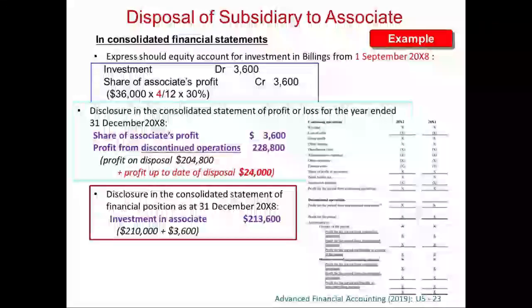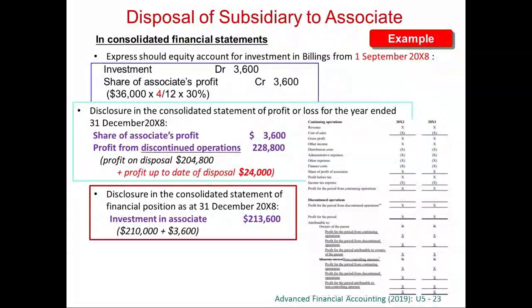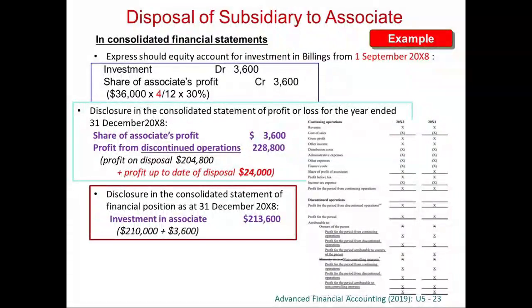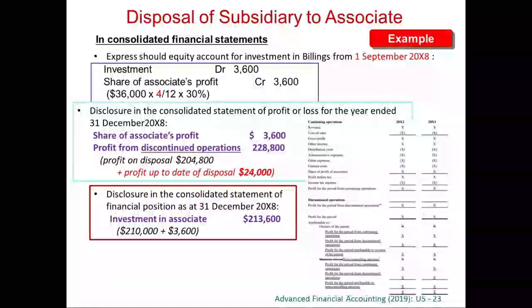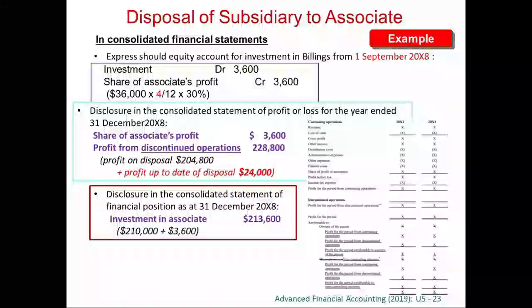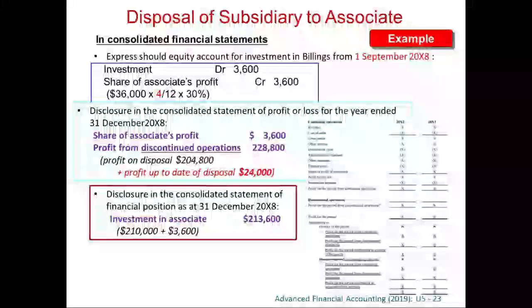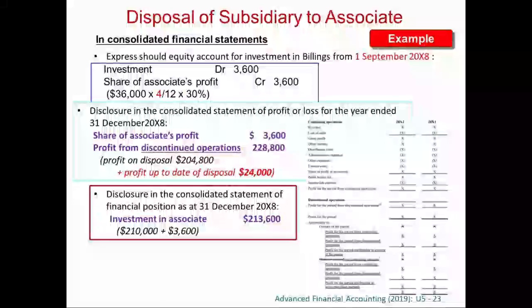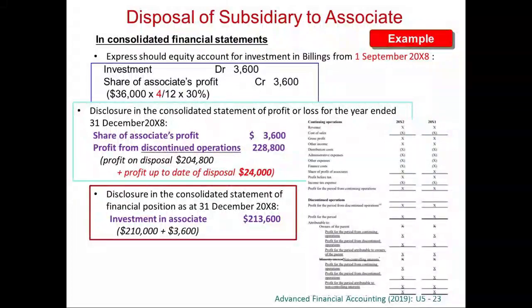So when we analyze the profit attributable to the owner of the parent, you also separately disclose profit for the owner from continued operation and profit from the discontinued operation, and then this is the profit for the owner of the parent. And the same for the NCI. Right? So continued operation and discontinued operation should be separately disclosed.